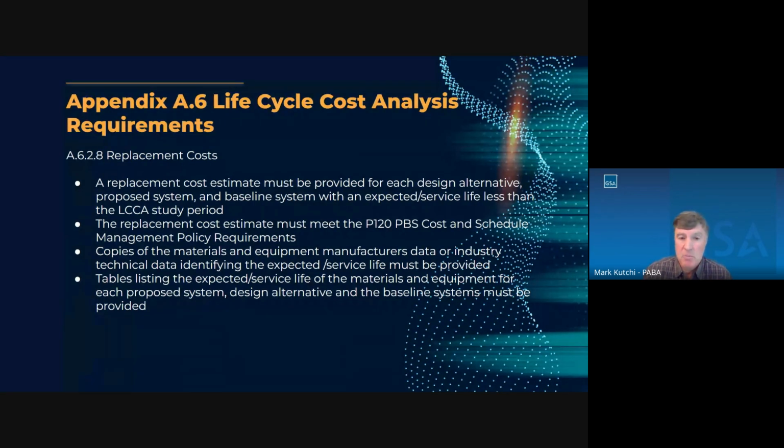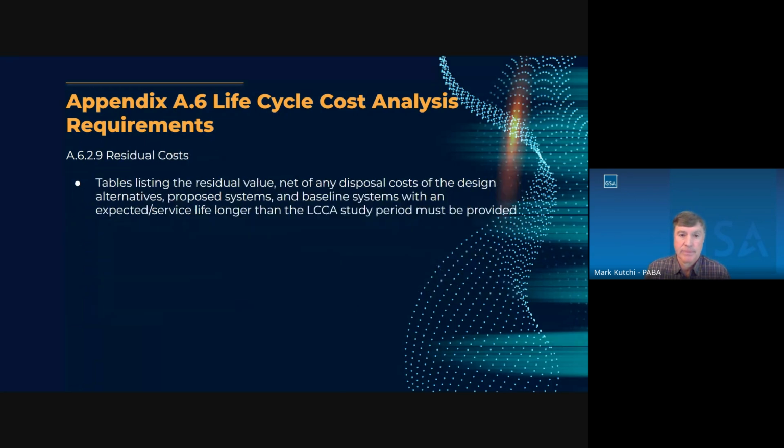It's important when we're reviewing the analysis that the correct expected life of the equipment is included. We've seen HVAC equipment, for example, incorrectly show a 20-year or 25-year life when in reality it's a 15-year life. So it's important to get the correct expected life for the equipment and materials.